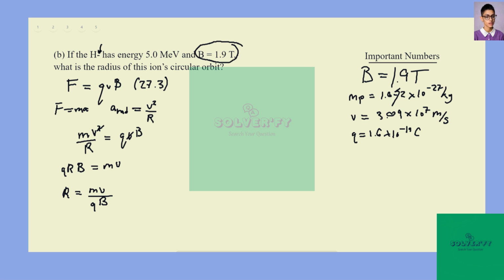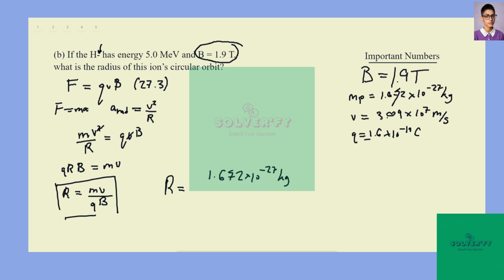Now that we've done that, we're going to plug all these numbers into our equation here. So we have that r is equal to the mass, 1.672 times 10 to the minus 27 kilograms.